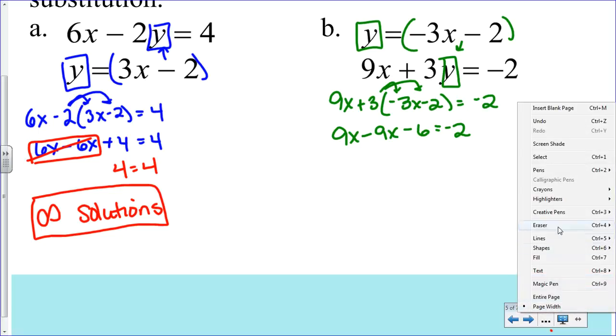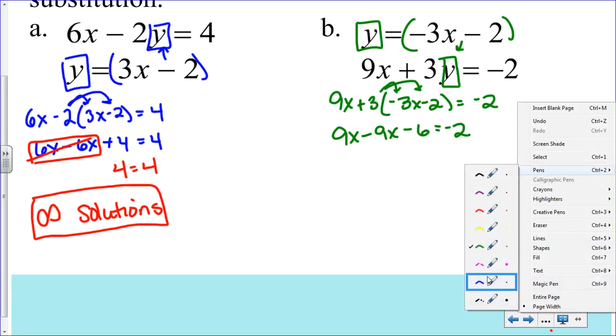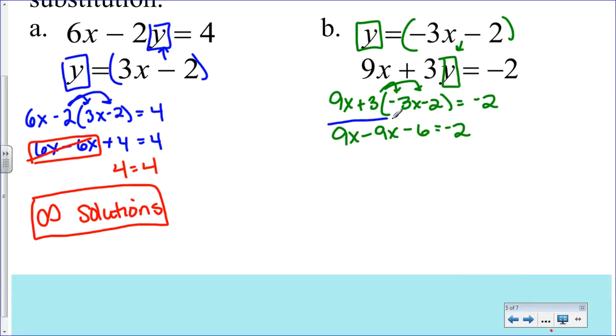So notice in this problem that when I go ahead to combine my like terms, 9x and negative 9x cancel out, but I get negative 6 equals negative 2. It's not possible. Negative 6 will never be equal to negative 2. So we're going to go ahead and say this is no solution.